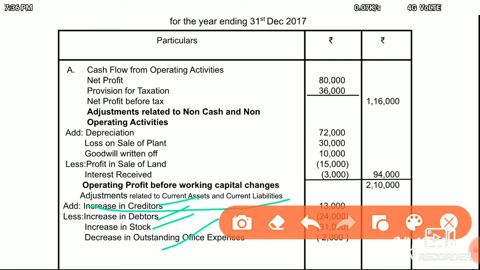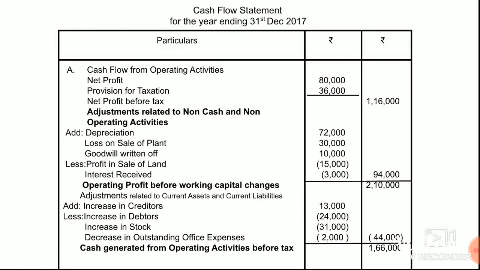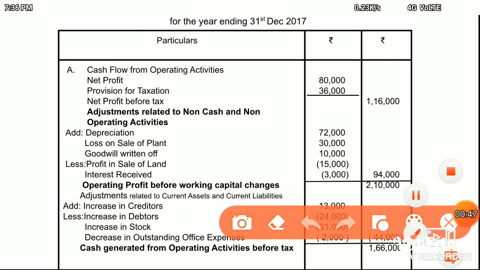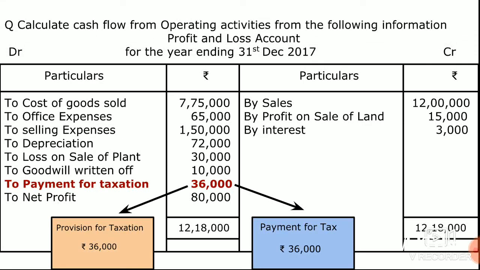After calculating the increase and decrease of current assets and current liabilities, we get a total of 44,000 as an outflow. We adjust this amount with 2,10,000, and what we arrive at is cash generated from operating activities before tax of 1,66,000. In our question we have a payment of tax of rupees 36,000. The same amount is treated as provision for tax, which we have already adjusted at the beginning.